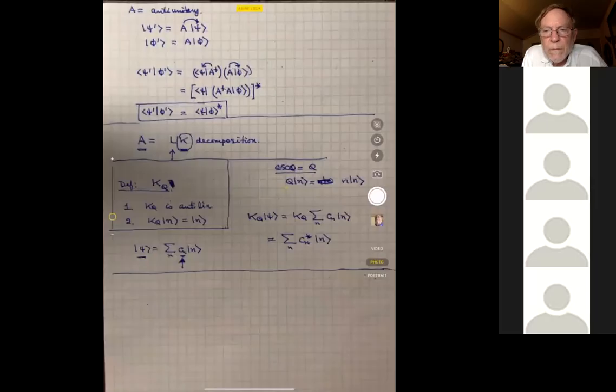But if we write it as A dagger A, then it seems like it would matter if it's acting to the right or left.